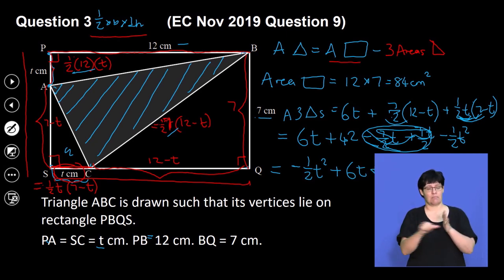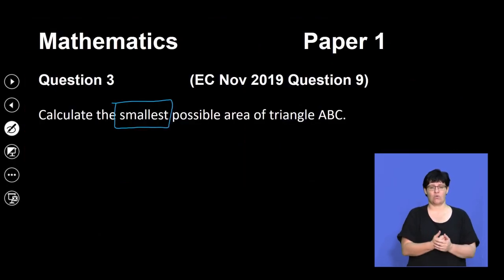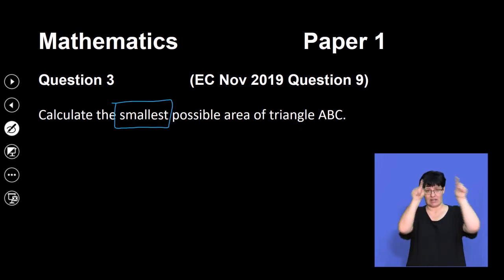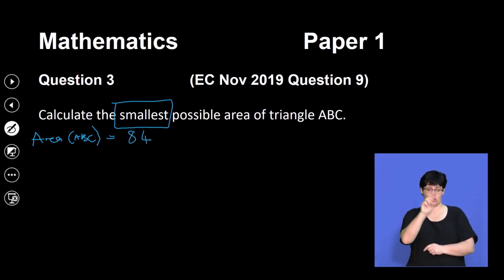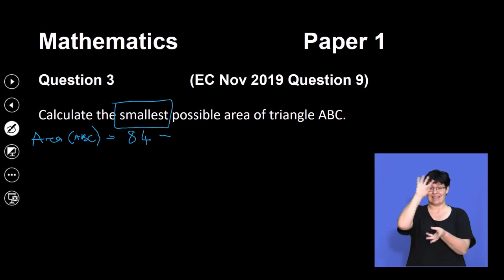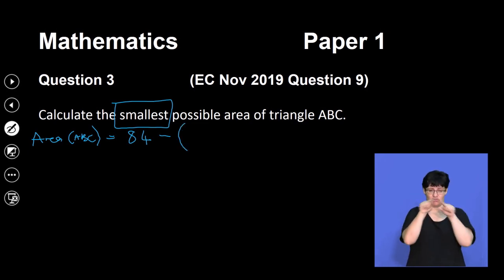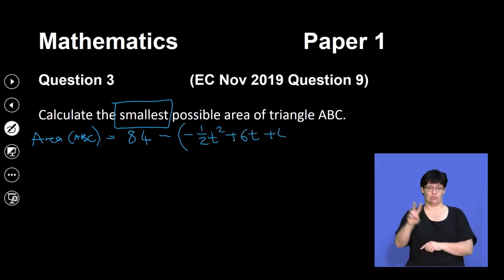Okay, I'm going to go on to the next page and do the last bit of the sum. So we need to now subtract the sum of all those areas from the area of the rectangle. So the area of triangle ABC, as I said, is the area of the rectangle, which was 84 centimeters squared, minus the sum of all the areas of those little triangles, which was minus a half t squared plus 6t plus 42.